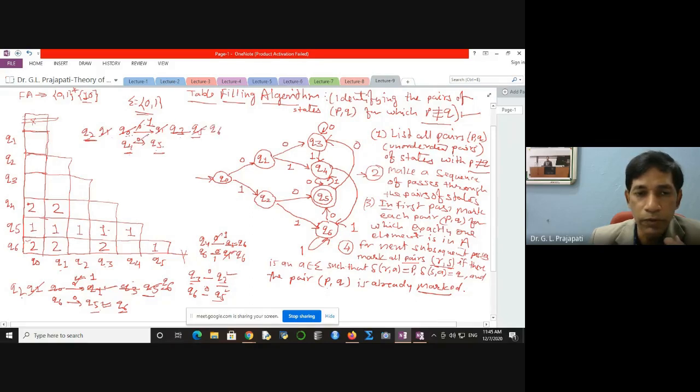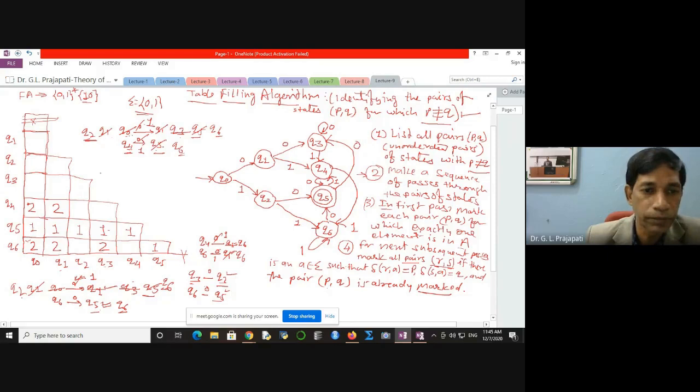From Q4 you have the 1, you are going to Q6. So Q4 on 1 goes to Q6, and from Q2 on 1 you are again going to Q6, and Q6 and Q6 are the same pair.